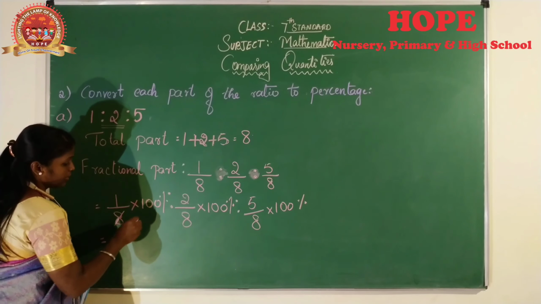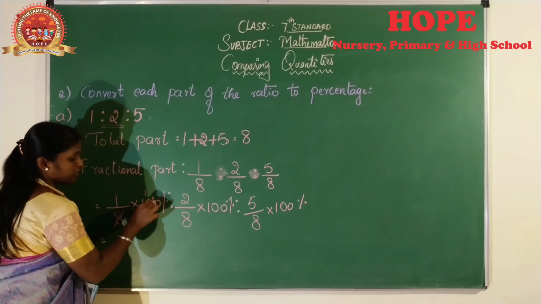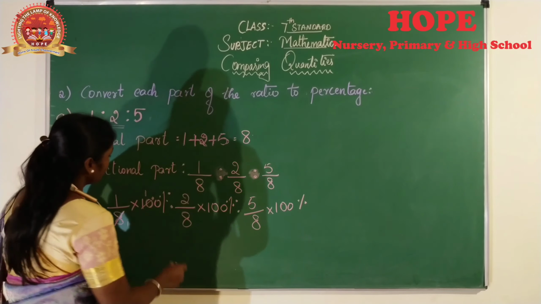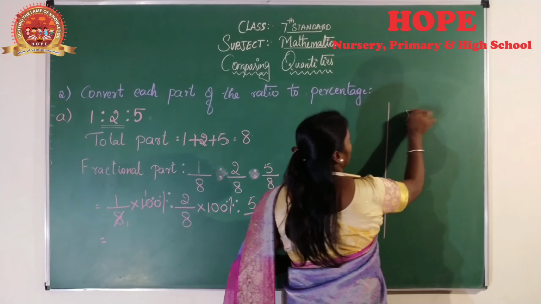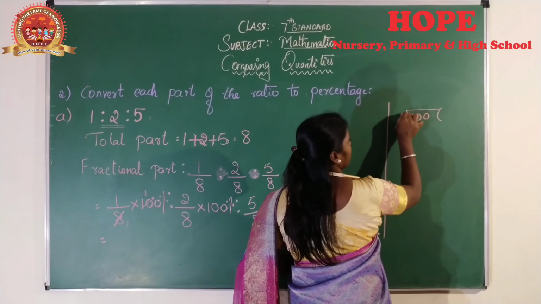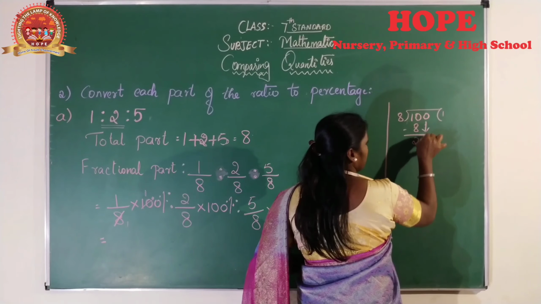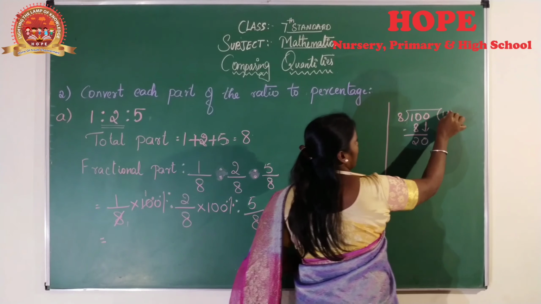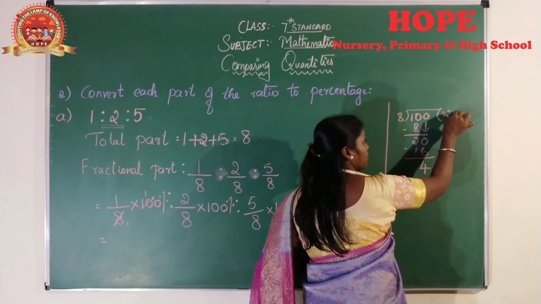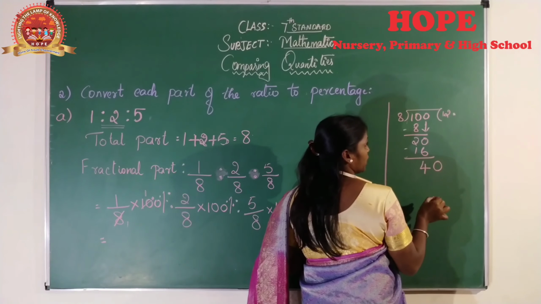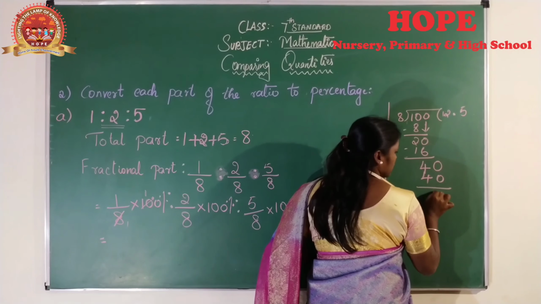So we solve here 100 divided by 8. 8 ones are 8, 2 will be the remainder, 0 comes down. 8 twos are 16, minus, 4 will be the remainder, place a point, you will be taking 1 0. 8 fives are 40.